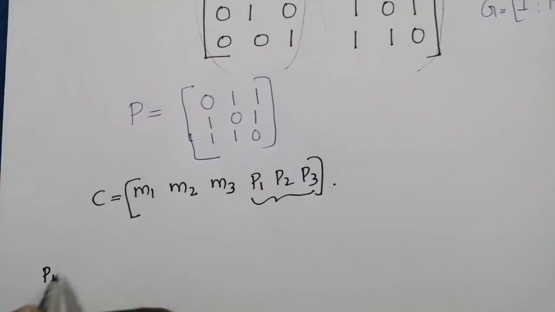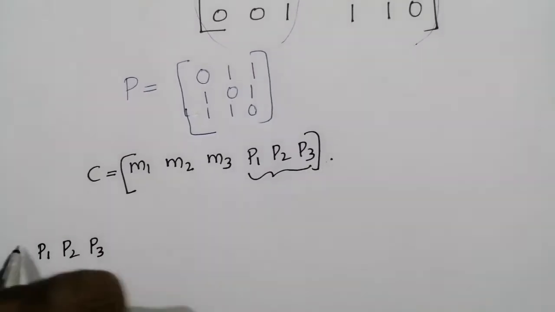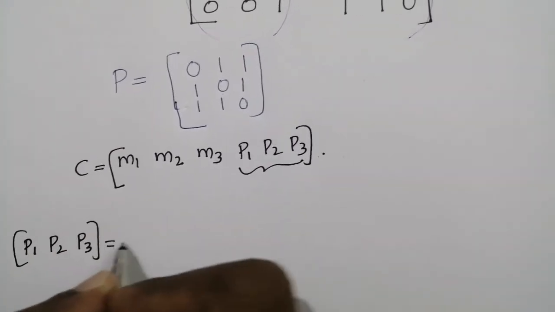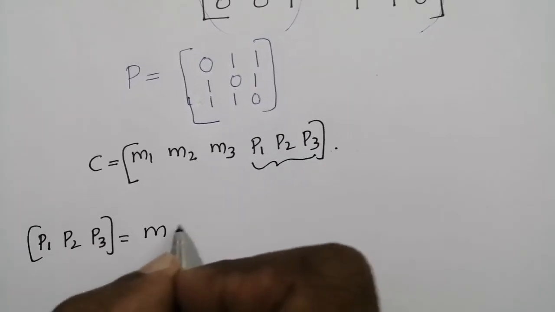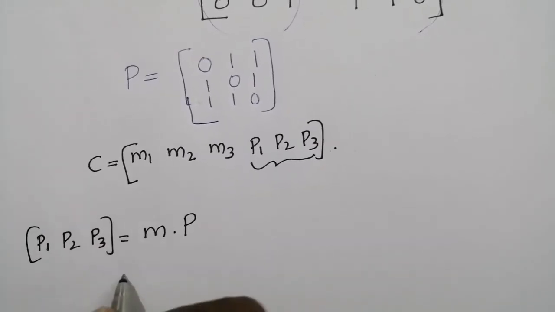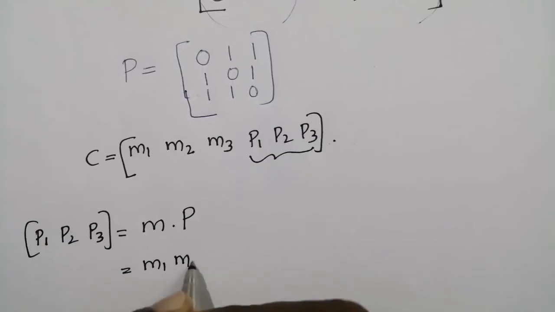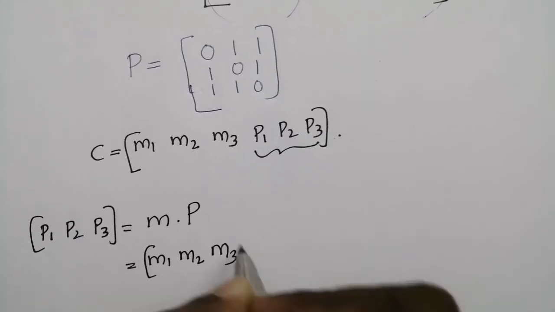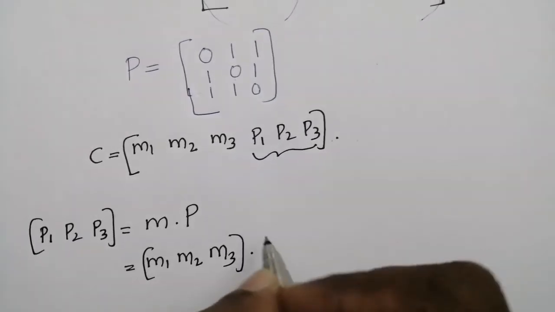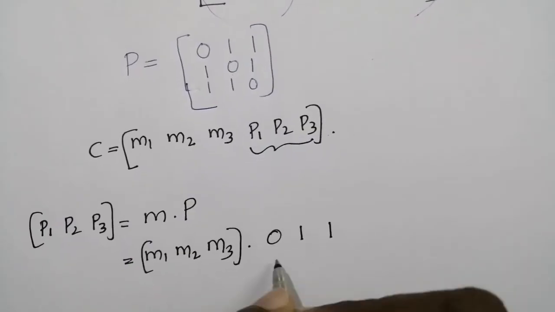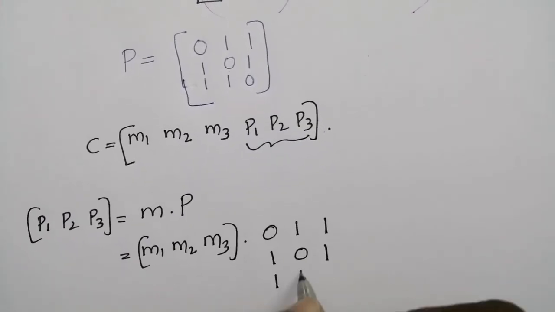So we know that P1, P2, P3 will be equal to the message vector times the parity submatrix, right? So this will be equal to M1, M2, M3 times the parity submatrix 0, 1, 1, 1, 0, 1, 1, 1, 0.